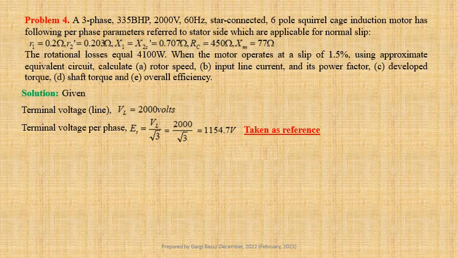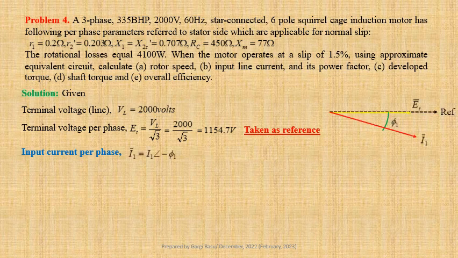In polar form, we can write input current per phase I1 equals I1 at an angle minus phi1 equals 88.9415 ampere at an angle minus 15.3621 degree.